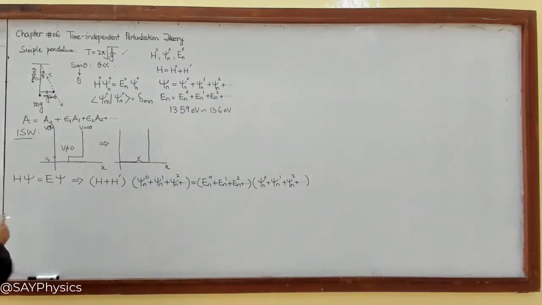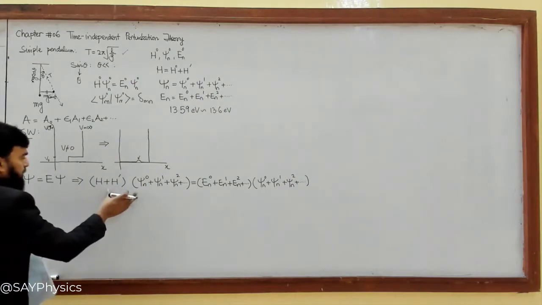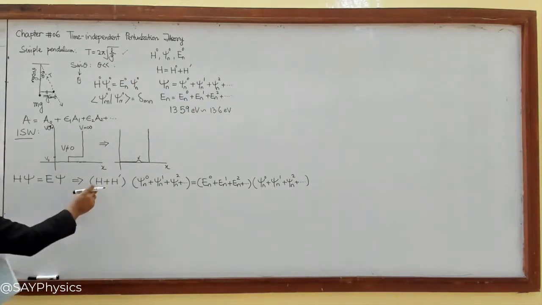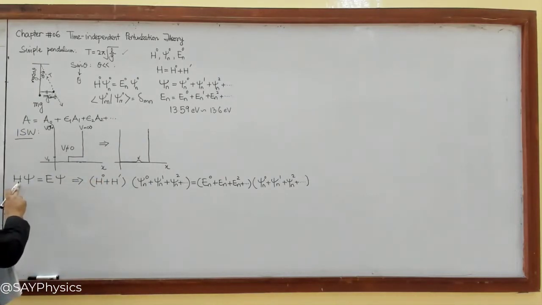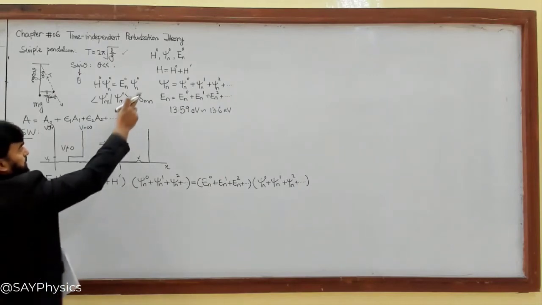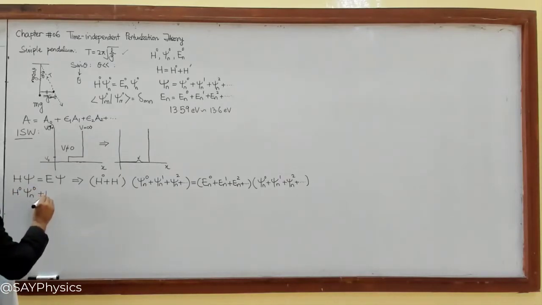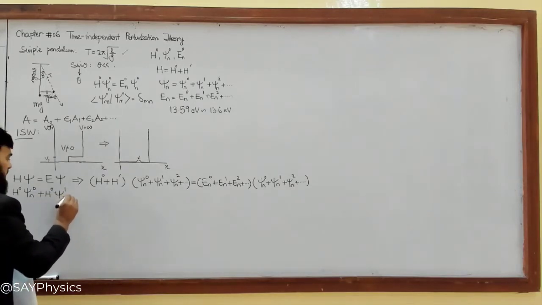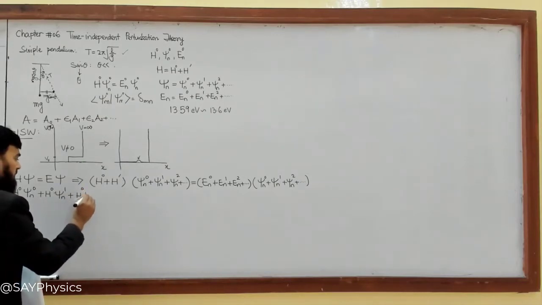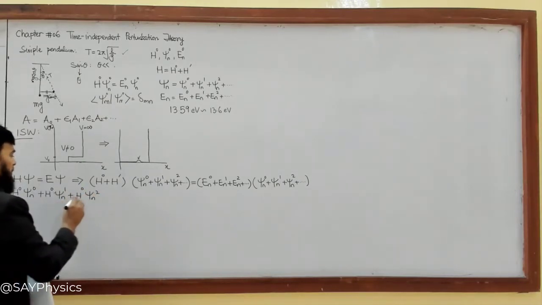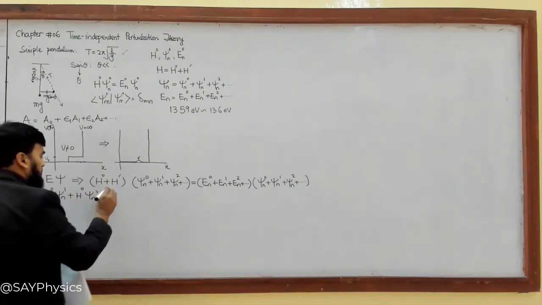And then you just do simple multiplication. First with this one, it is H, and H is equal to H0 plus H prime, so multiply them. So I have H0 psi n0 plus H0 psi n1 plus H0 psi n2, and there are some other terms as well.